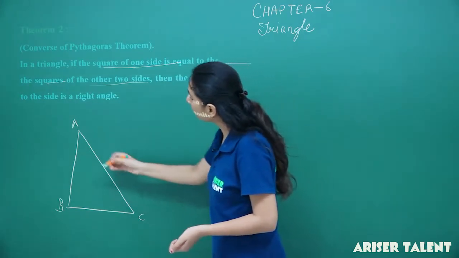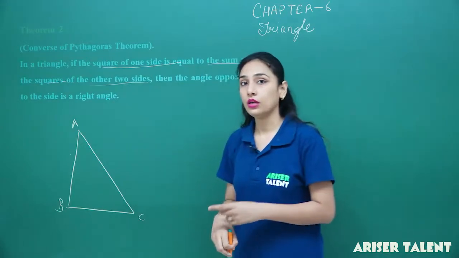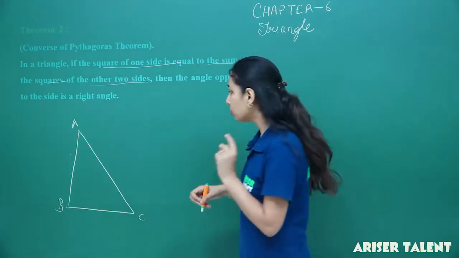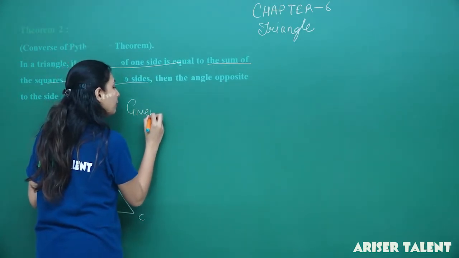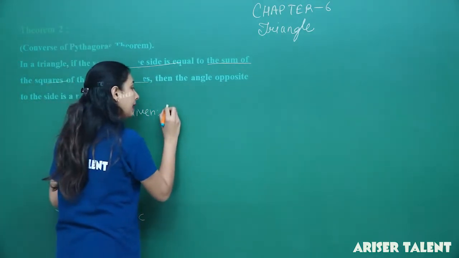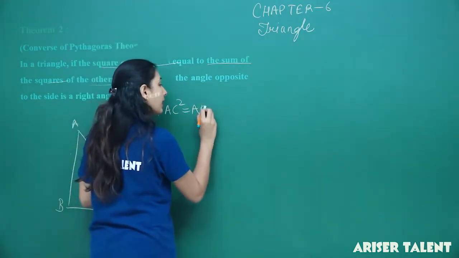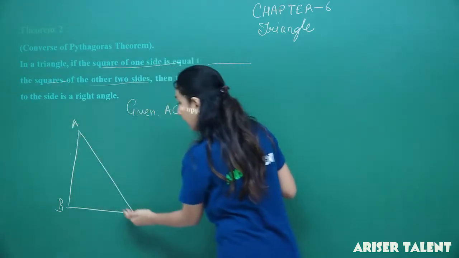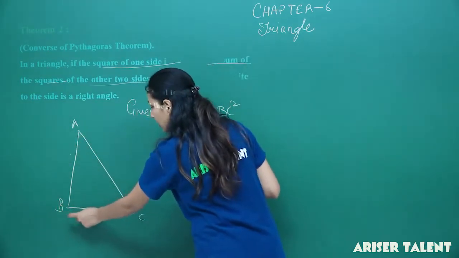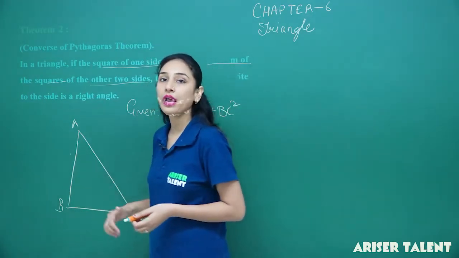Let's suppose AB and BC are the other two sides and AC is the remaining side. So we are given that AC square equals AB square plus BC square. Now we have to prove that this is a right angle triangle.